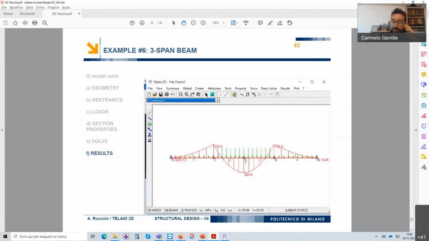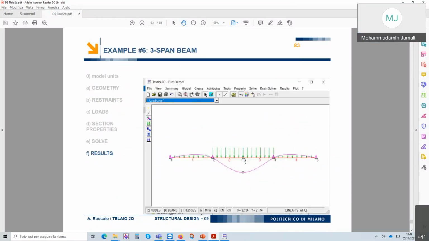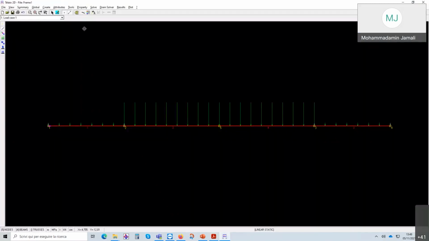Sorry, can you explain the beam properties? Not the properties. When we are creating a beam and we create with different property, for example, one beam with property number 1 and the other property number 2, what's the meaning of that? Yeah, sure.